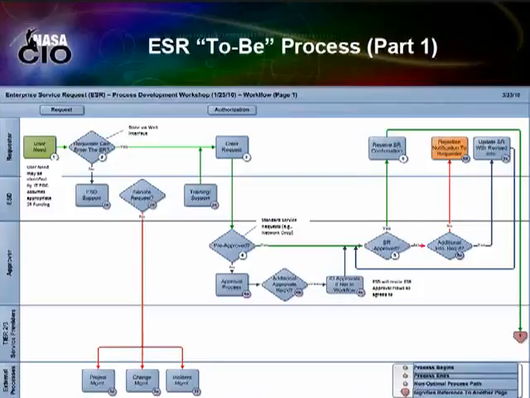You'll see that the approval process will take place. Are additional approvals required? If not, it all gets approved. The customer receives confirmation that yes, you're good to go, and then it's going to go on to the next page to that Tier 2-3 service provider group for fulfillment.